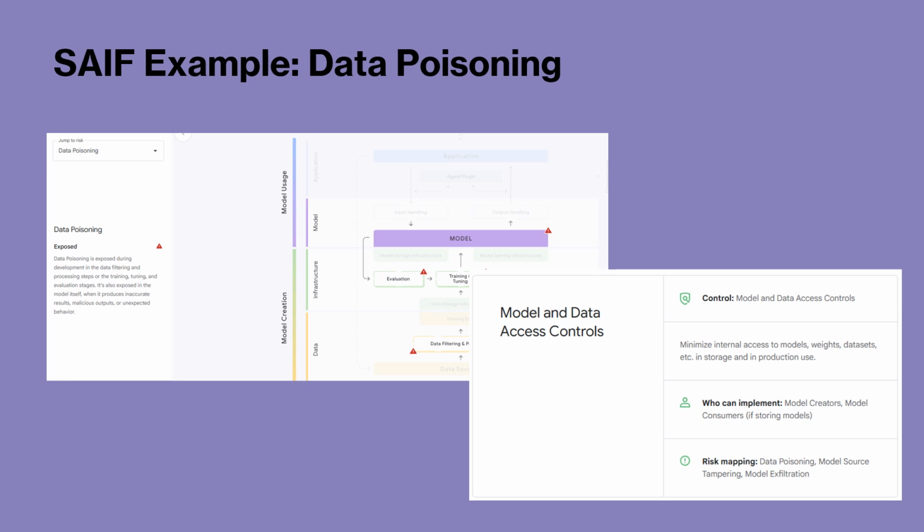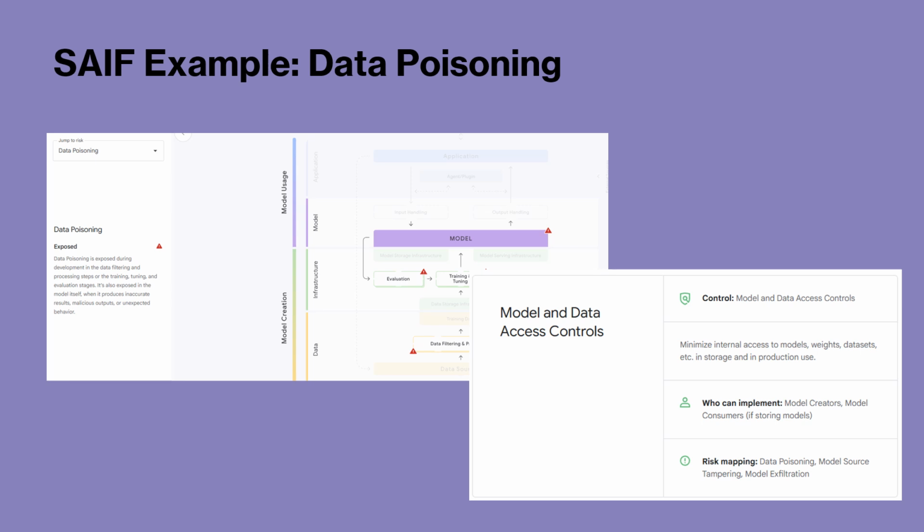But it says what the control is: model and data access controls, minimize internal access to models. This is talking to, we had specific cases where we had cloud misconfigurations. This is how we can prevent data poisoning, by making sure we have proper access controls within our cloud environment or any environment where training data is being stored.